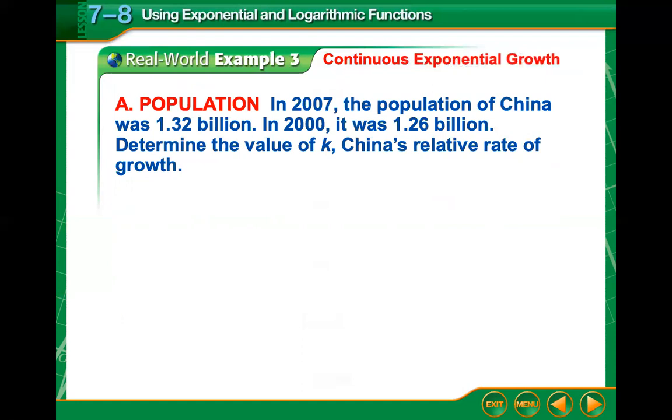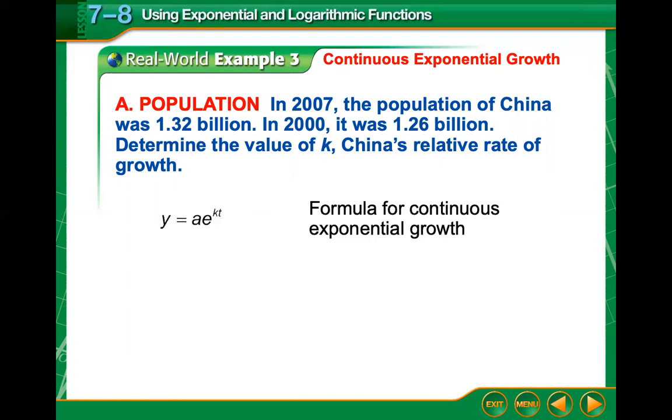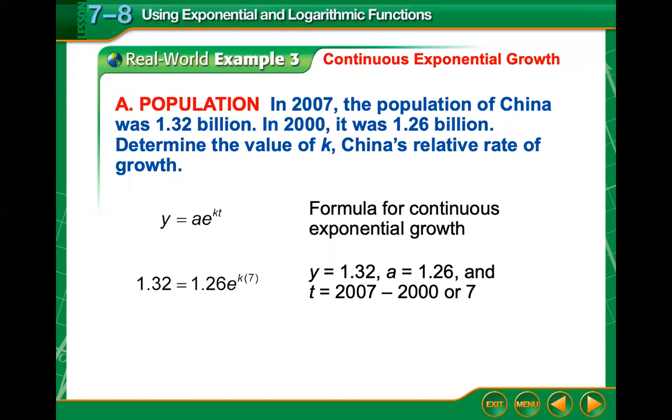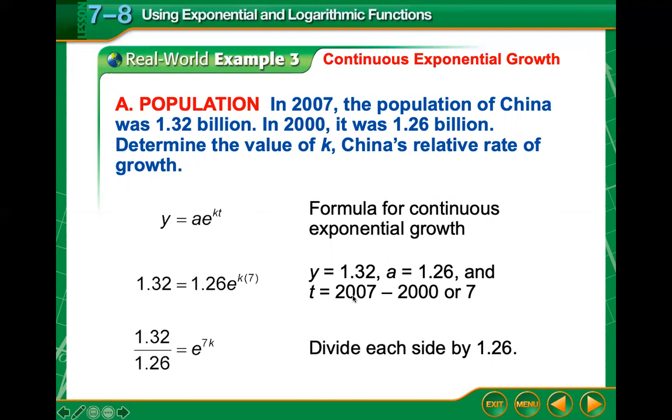We also use these for population calculations. So in 2007, the population of China was 1.32 billion. In 2000, it was 1.26 billion. Determine the value of k for China's relative rate of growth. So we're going to use the growth formula, and we get 1.32 equals 1.26 e to the k times 7. We get 7 because 2007 minus 2000 is 7 years.